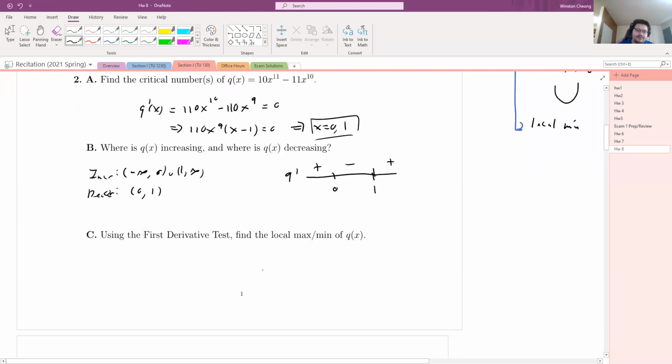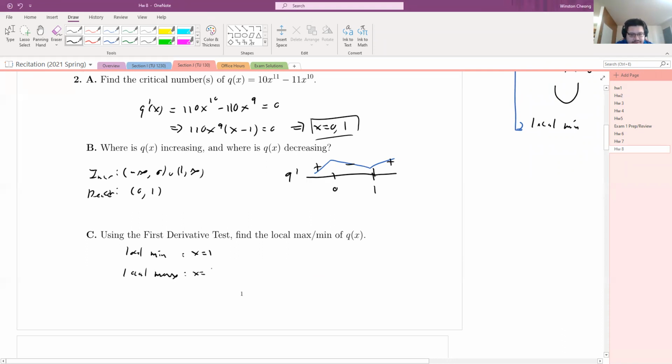And first derivative test. So that's just reading the information off of this. So I may as well draw a sketch on top of this graph. So increasing, decreasing, increasing. It'll look kind of like that. And so the local min, local max: local min is occurring at x is equal to 1.